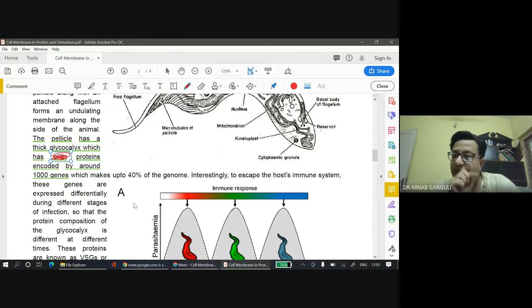So the parasite has got a mechanism to evade this. During infection, it will display a different set of proteins on its surface, on the cell membrane. So the immune system will try to make antibodies against those particular proteins.